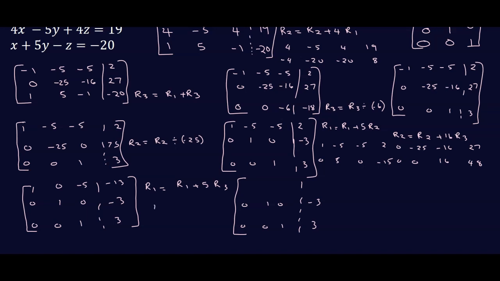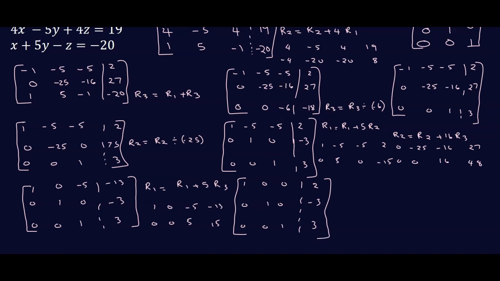Row 1 is 1, 0, negative 5, negative 13, and 5 row 3 is 0, 0, 5, 15. We add this up and have 1, 0, 0, and then 2.